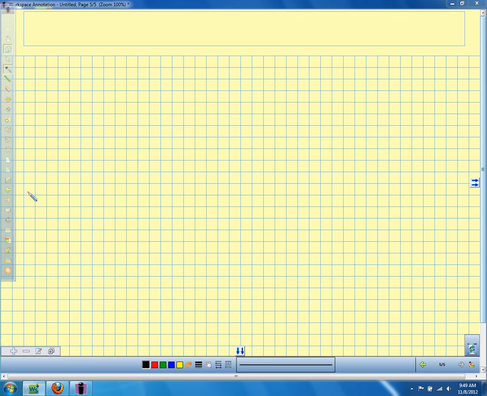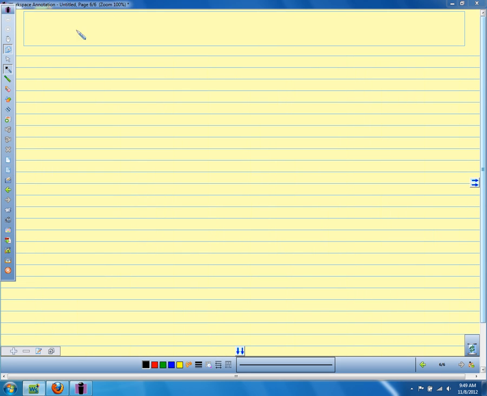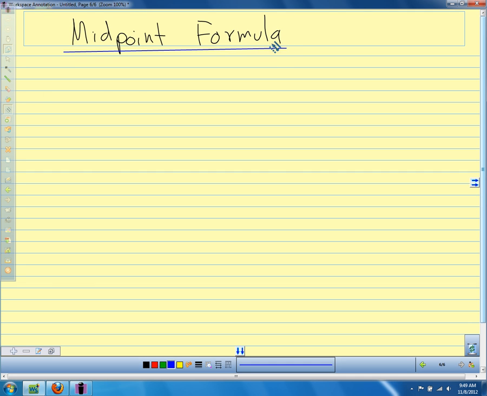All right. The midpoint formula. If we want to figure out exactly the middle of a segment, there are a lot of formulas. This is the last little bit that we're doing now. We're almost done.